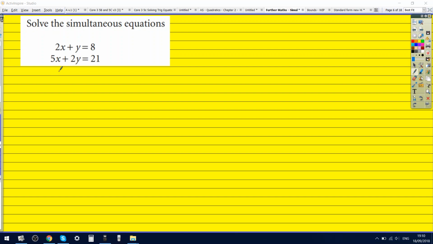5x plus y is 21. 4x plus 2y is 16. 5x plus 2y is 21. We minus these two, so we have minus x equals minus 5. x equals 5 here.